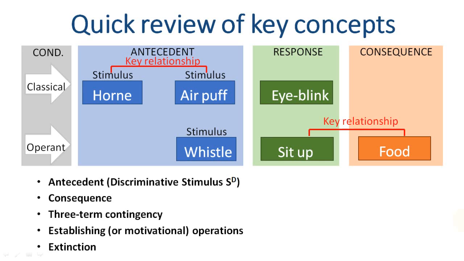We normally say that a discriminative stimulus sets the occasion for, or occasions, the behavior which is then reinforced or punished. And whether it is reinforced or punished refers to the consequences, what happens after the response.